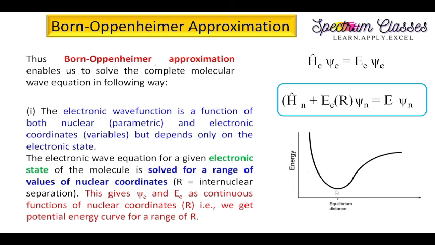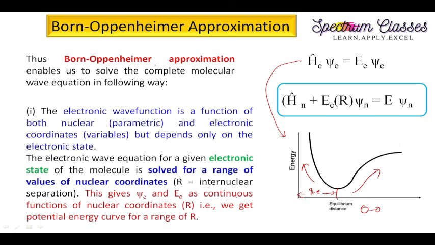we will get different values, and here we will have the equilibrium value Re. This is the distance Re, the equilibrium distance for the nuclei. If we move this side, decreasing the internuclear distance, then we have this type of energy curve for this electronic part of the Hamiltonian, for this electronic wave function.